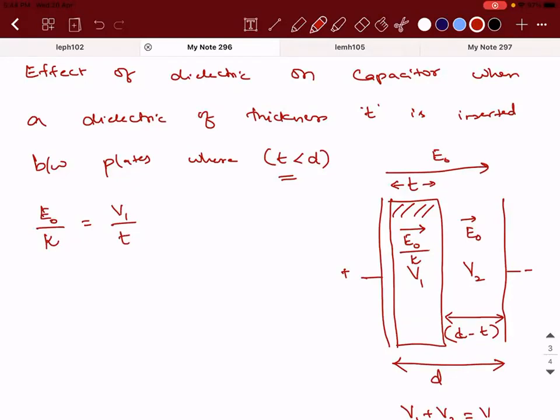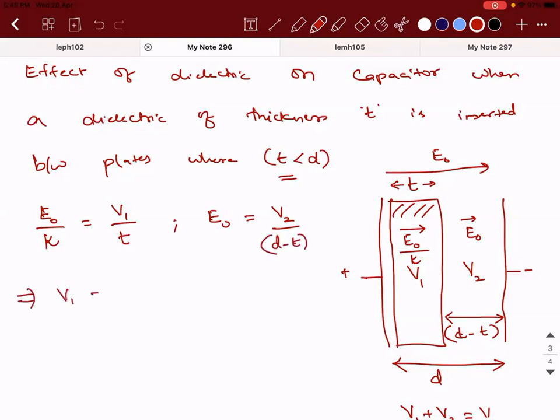Observe this expression. E naught divided by kappa is equal to V1 divided by T. Correct? Then E naught will be V2 divided by D minus T. Accepted?